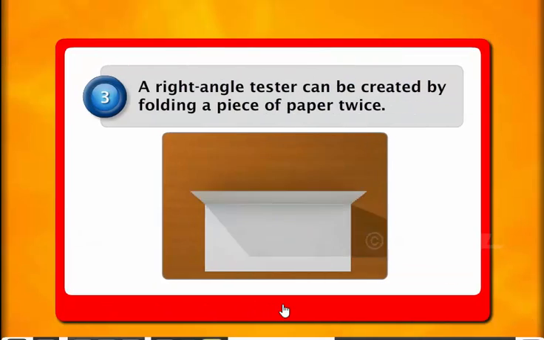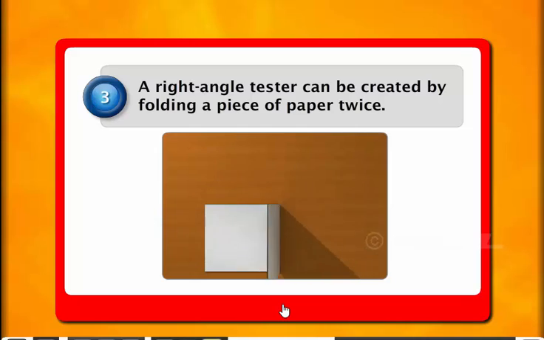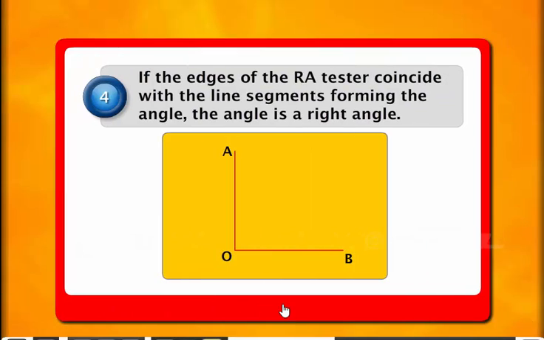A right angle tester can be created by folding a piece of paper twice. If the edges of the RA tester coincide with the line segments forming the angle, it is a right angle.